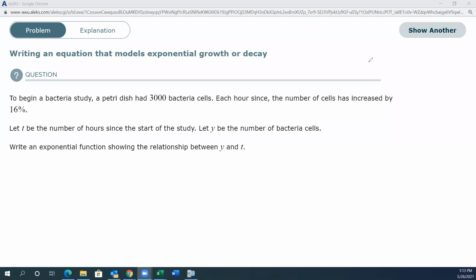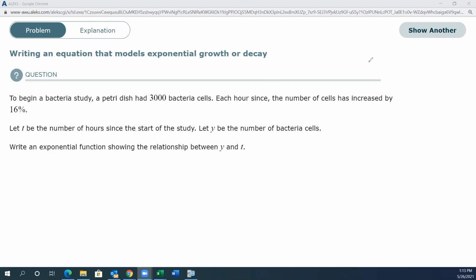All right, to begin a bacteria study, a petri dish had 3,000 bacteria cells. Oh, cool. Each hour since, the number of cells has increased by 16%. All right, so it's not increasing by the same number of cells, like 16 cells. That would be linear, okay?